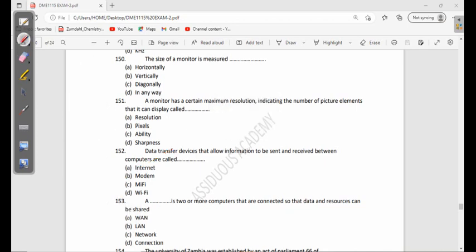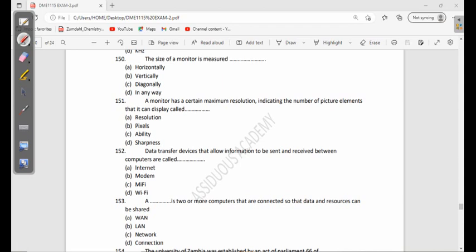152. Data transfer devices that allow information to be sent and received between computers are called internet, modem, MiFi, Wi-Fi. So that is a modem. These are data transfer devices that allow for information to be sent between computers. 153.